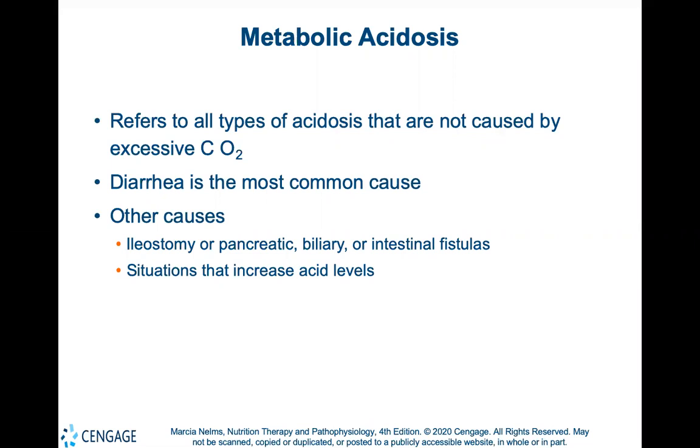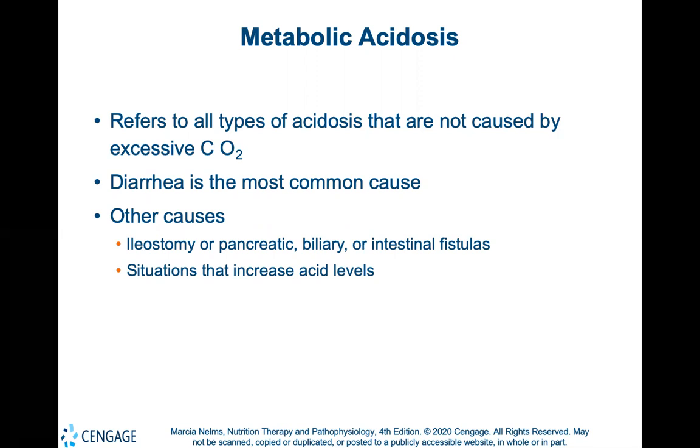Metabolic acidosis may also result from situations that increase the amount of acid, such as rapid administration of IV saline. Lactic acidosis occurs as a result of increased production of lactic or keto acids. High levels of lactate may result when the kidney or liver fails to convert lactic acid to pyruvate.